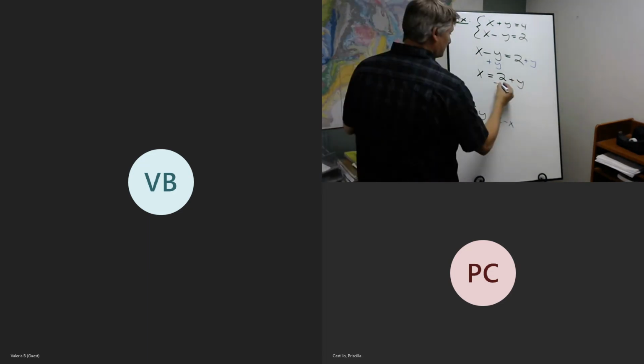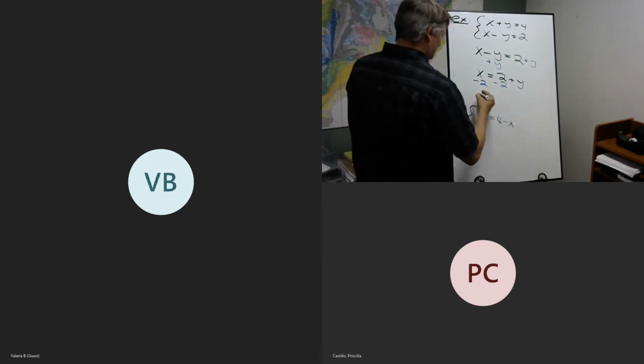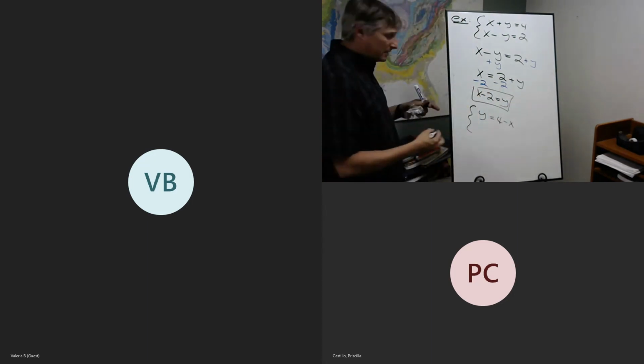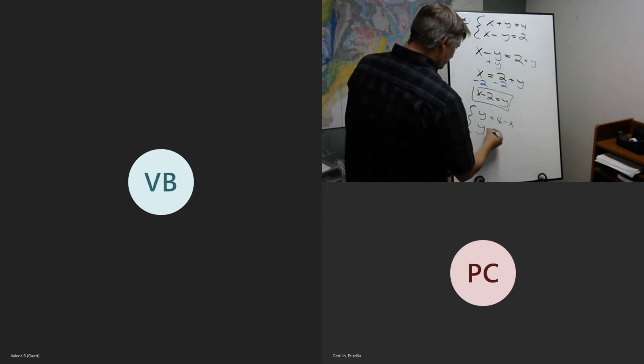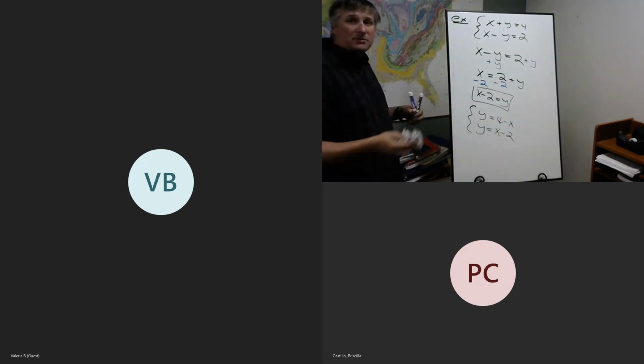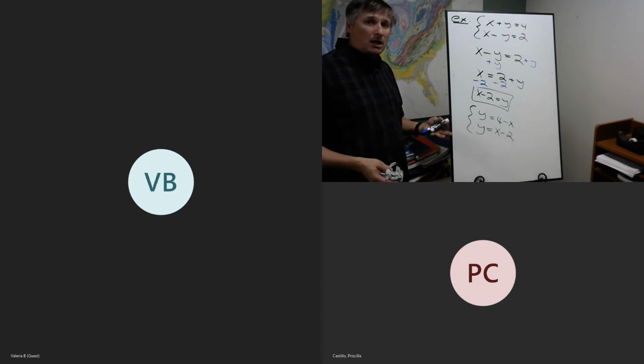Subtract 2 from both sides. So now we're going to have the same system, but in this case we solved it for y, but it means the same thing. It's the same lines.